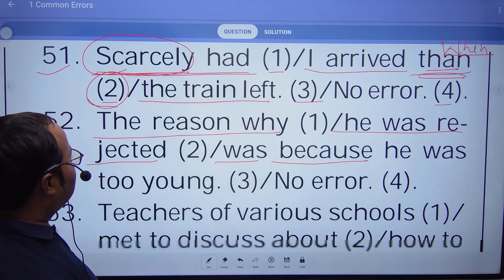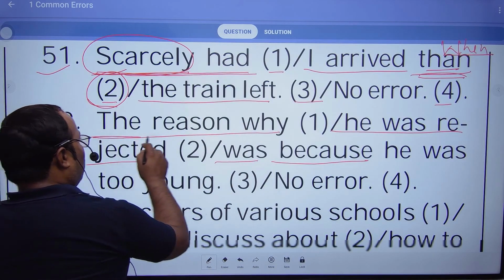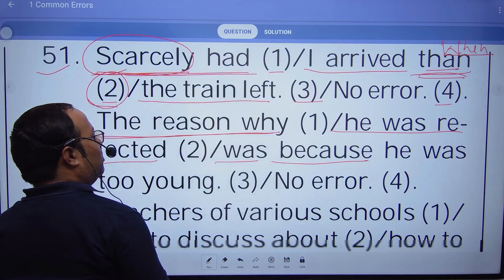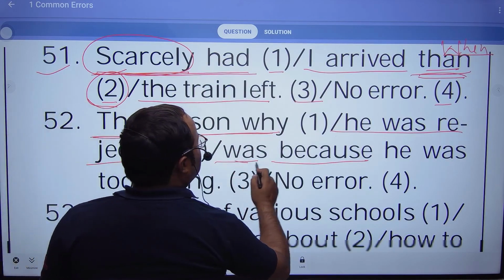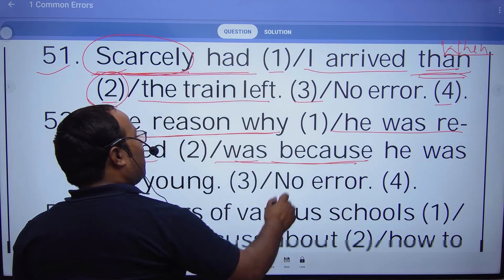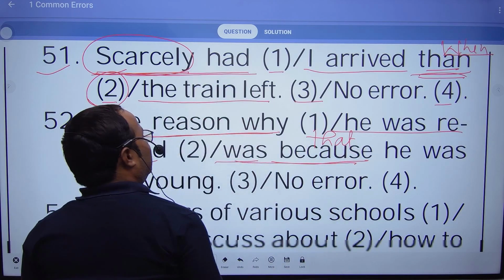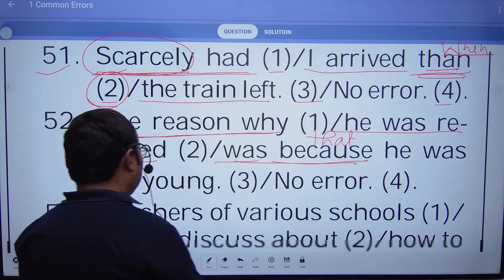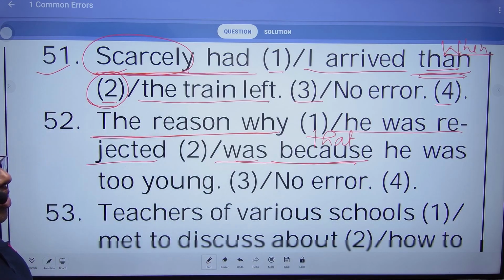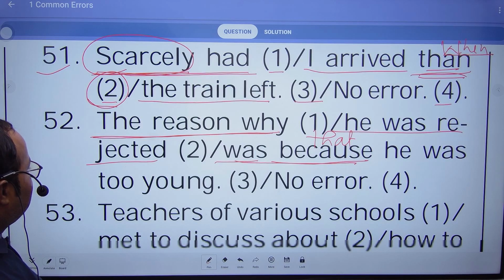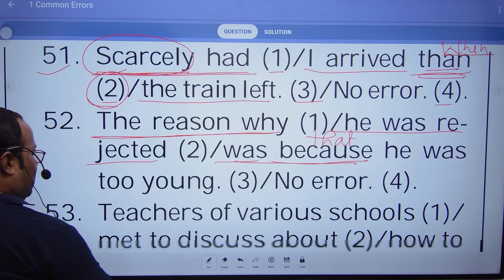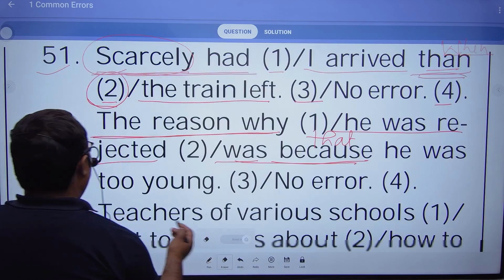So this is incorrect because the reason why के साथ हम उस क्लास में because का प्रयोग नहीं करते हैं. किसका प्रयोग करते हैं? that का प्रयोग करते हैं. The reason why was that he was too young, कि वह बहुत नवयुवक था, अर्थात नई उम्र का था. That's why he was rejected, इसीलिए उसको रिजेक्ट कर दिया गया था.